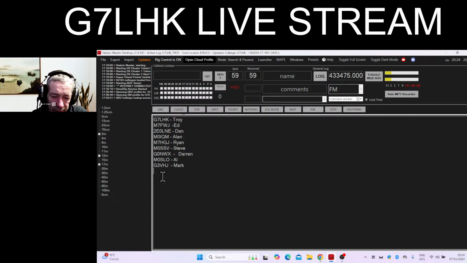G7LHK, M0SLO in group. M0SLO, G7LHK. Yeah, I think we're all vertically polarized this evening. I don't know of anyone that's horizontal at this point in time. I know Paul M0PBM is looking into the possibility of getting a beam for 70 cm.